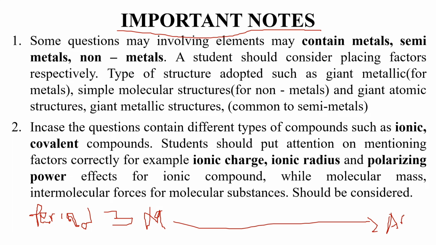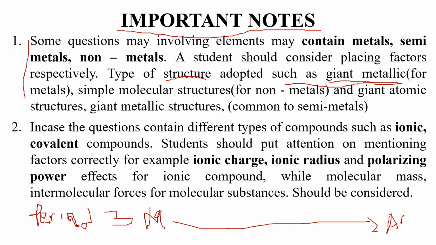Because these questions are always confusing, students should put special attention on the factors for metals alone, the factors for semi-metals, then the factors for non-metals. The student is required to talk about the type of structure that such elements adopt. For example, if you are traversing from sodium to magnesium, you talk about sodium, magnesium and aluminium having giant metallic structures.